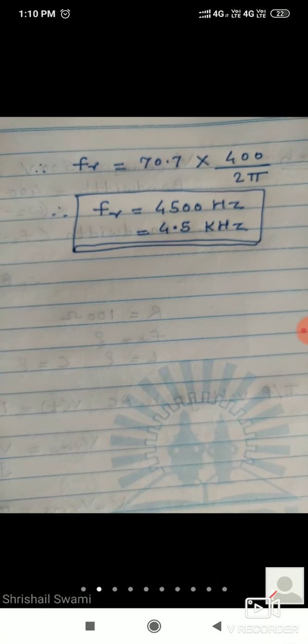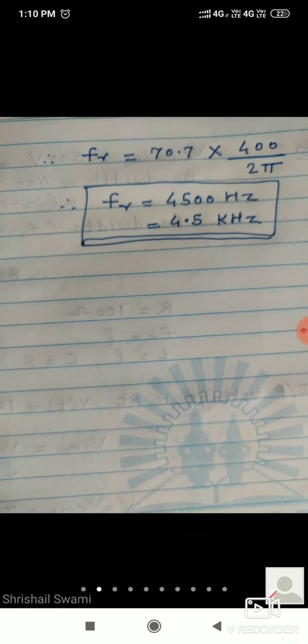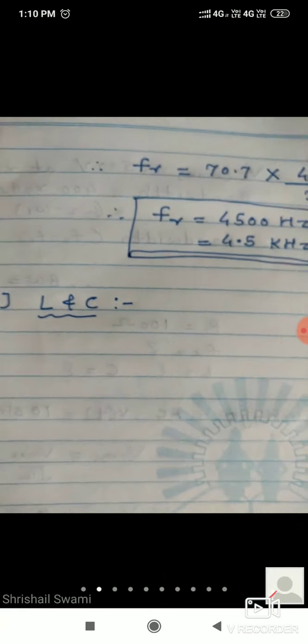How to find out? Which formula we can use to find out L and C? There are plenty of formulas to find out L and C.